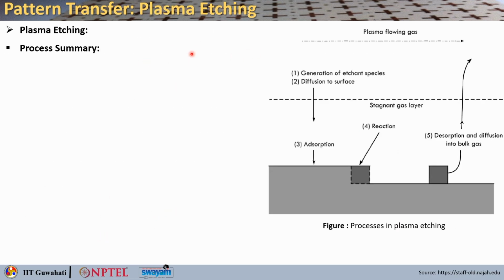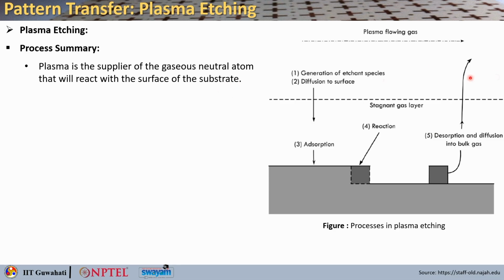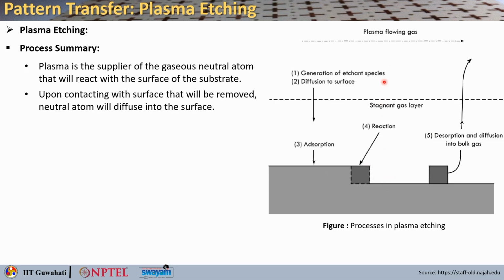So, let us see how plasma etching works. Here the plasma is a supplier of the gaseous neutral atoms that will react on the surface of the substrate. Upon contacting the surface that is going to be removed, neutral atoms will diffuse into the substrate, and this will create a volatile product which is then removed.